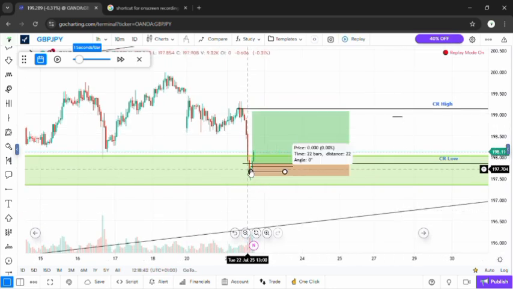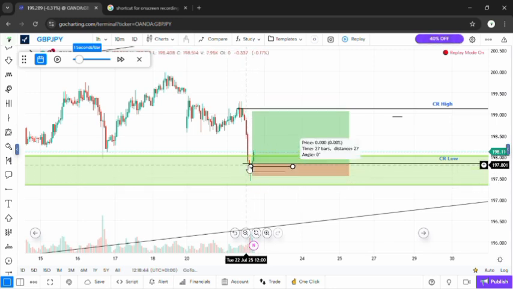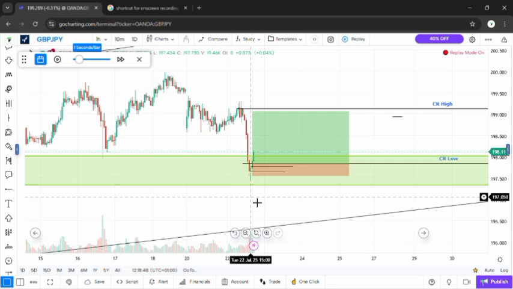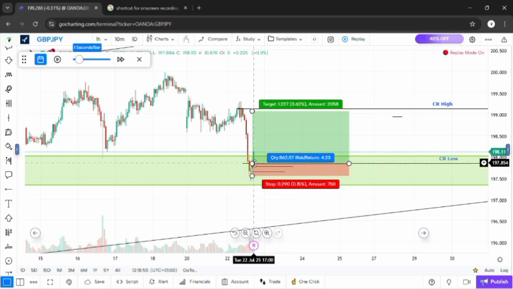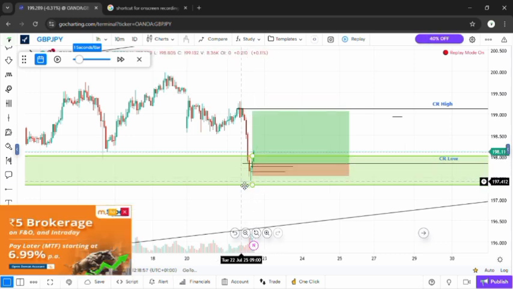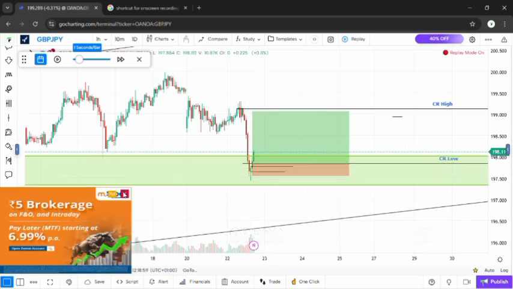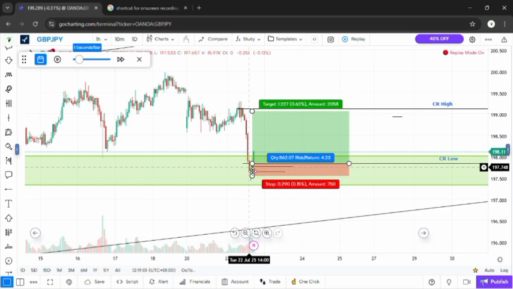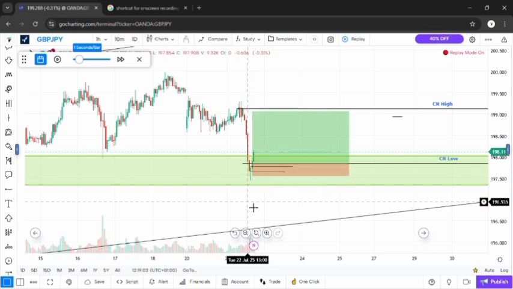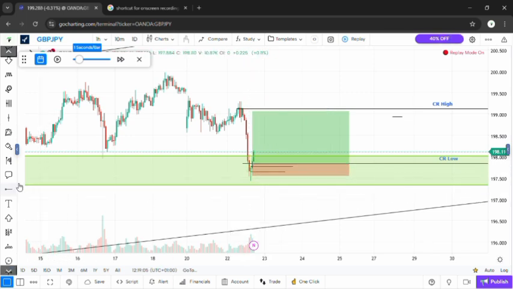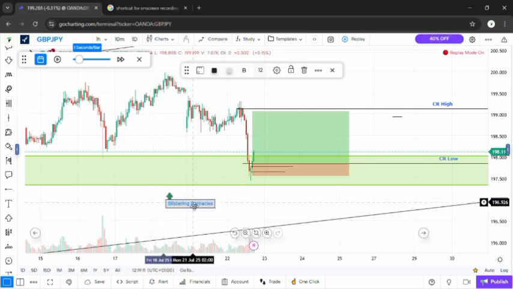Then there was another 1 hour candle that formed at around 3 o'clock. That candle also swept the previous 1 hour low. Look at the bearish candle, this particular one here. Let me get the right tool for that.